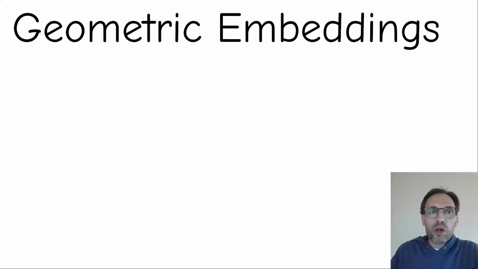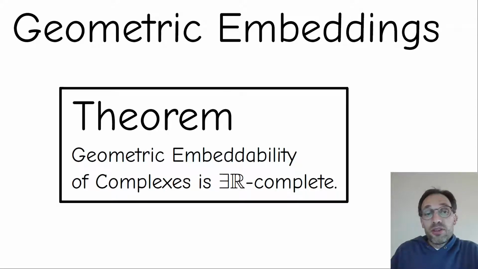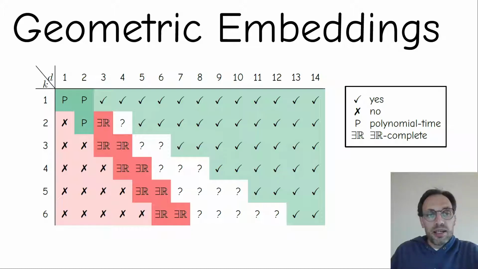And what we did in our work is we started to look at the algorithmic complexity of geometric embeddings. And our main theorem is geometric embeddability in general of complexes is ER complete. And if you take our results and look at which cases we cover, then we kind of cover this codimension 0 and codimension 1 case.